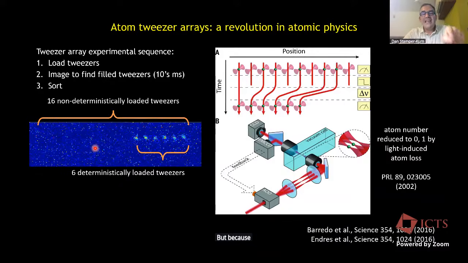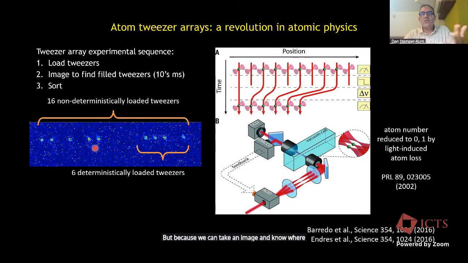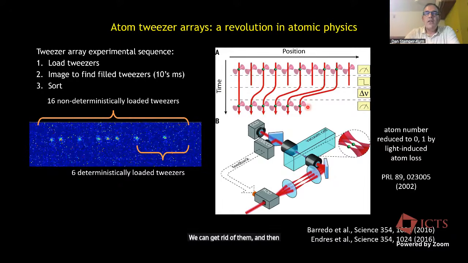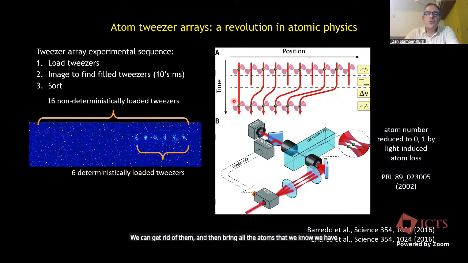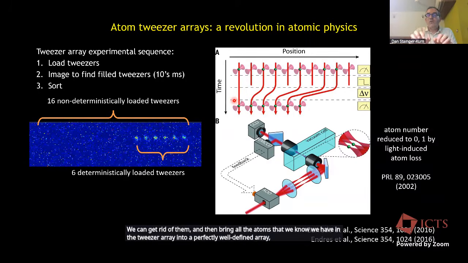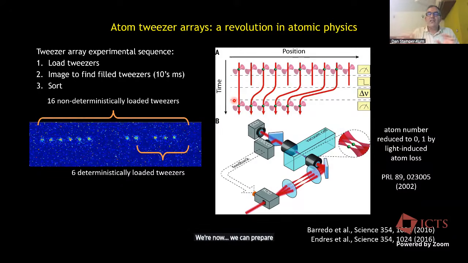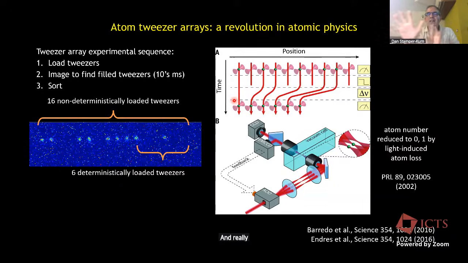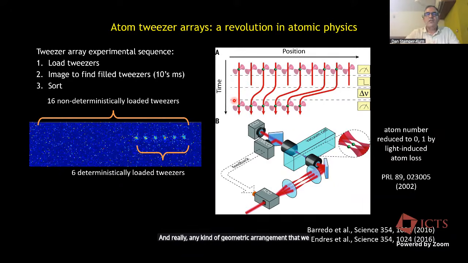But because we can take an image and know where the tweezers are that are empty, we can get rid of them and then bring all the atoms that we know we have in the tweezer array into a perfectly well-defined array, where now we can prepare arrays of atoms with perfect filling and really any kind of geometric arrangement that we want.